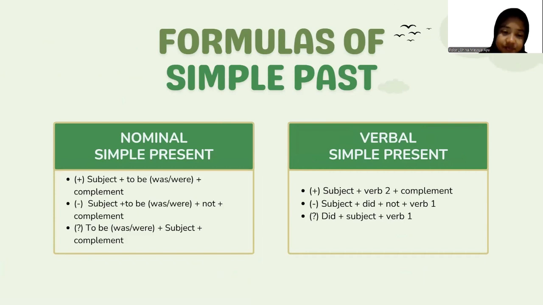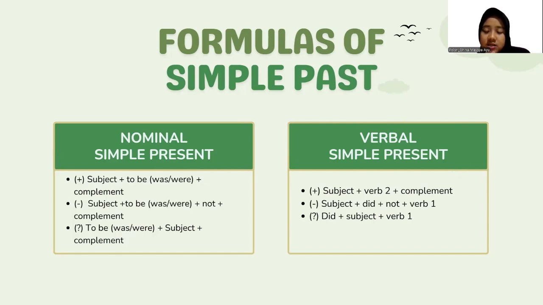Okay. For the nominal, the positive, we have subject plus to be, was or were, and then complement. And for the negative, same, but the only thing you have to add is not after was or were. And for the interrogative, we have to be, was or were, plus subject plus complement. Now for the verbal, we have three types of things here.